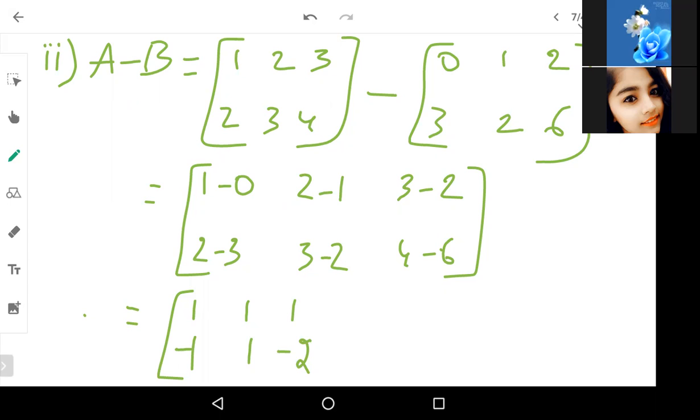Okay, so this will be the final answer for A minus B. Okay, clear? Understood this one? A plus B and A minus B. Any doubts?